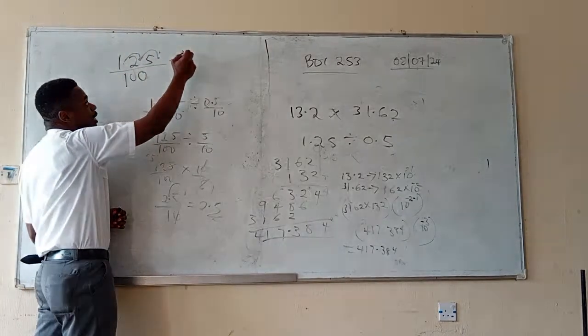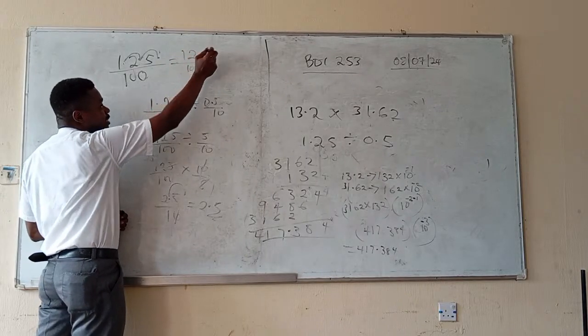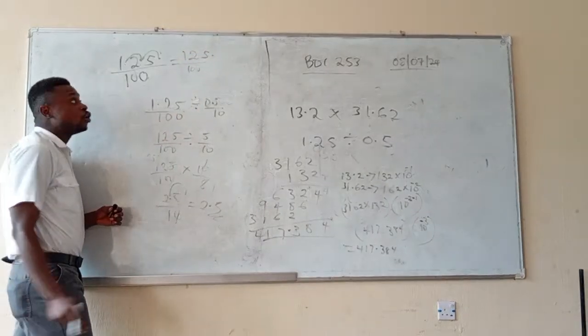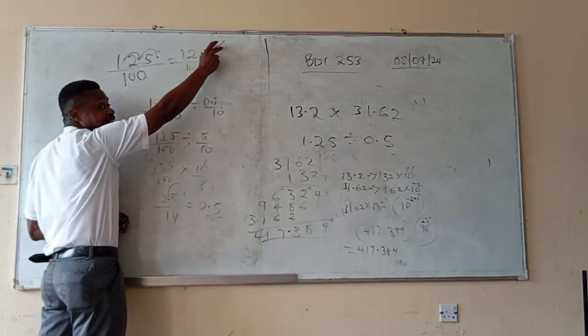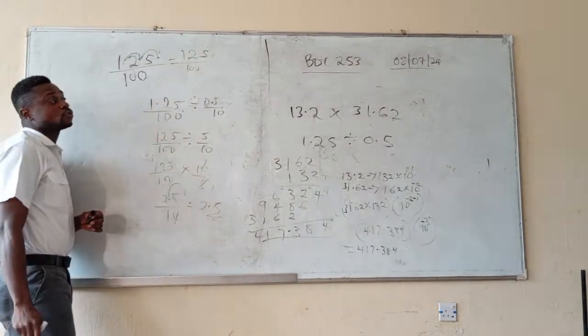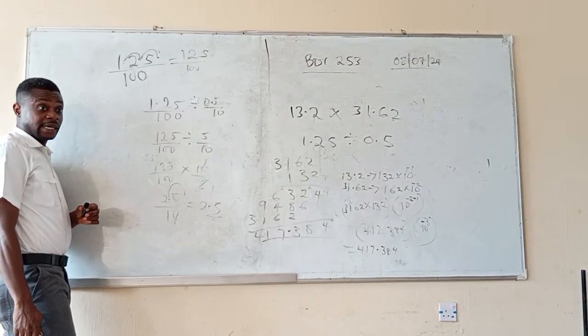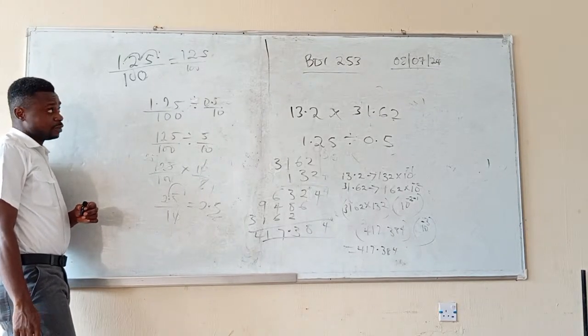So it becomes 1, 2, 5 over what? Remember, there's an invisible decimal point here. So far there are no other digits here, so you clean it. It becomes 125 over 100. Is it clear? Yes, it should be clear.